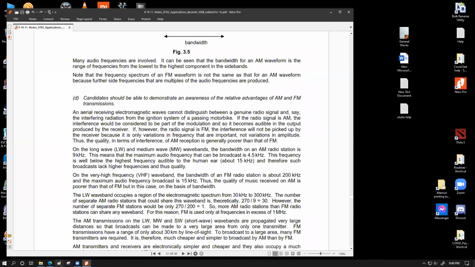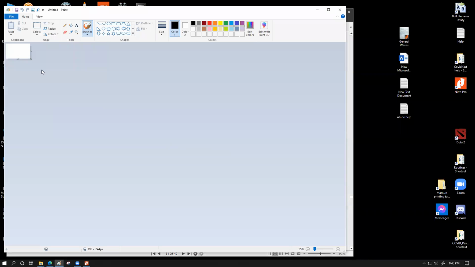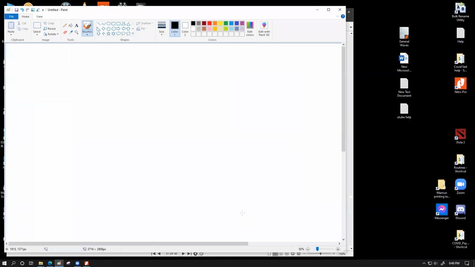So what this essentially tells us is, I'm showing you over here just to give you a bit of understanding, this figure that I want to draw, you don't have to understand. We could hear from 20 hertz to practically up to, let's say, 15 kilohertz. But in that channel, we could transfer from 20 hertz up to 4.5 kilohertz.